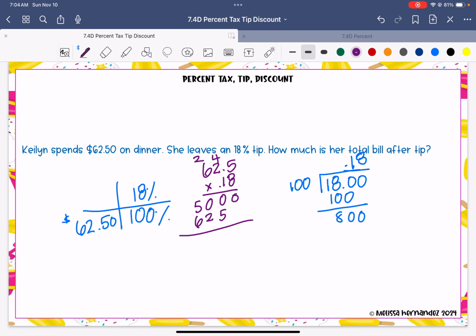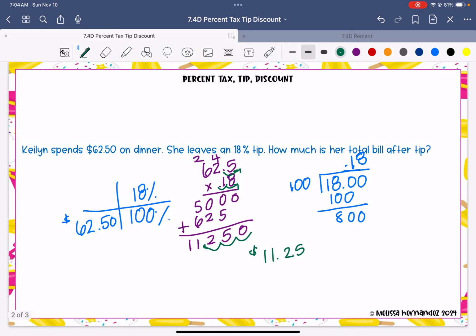Now we'll go ahead and add. Okay, so we had 1 decimal, 2 and 3, so that means we put 3 back. So the tip would be 11.25.